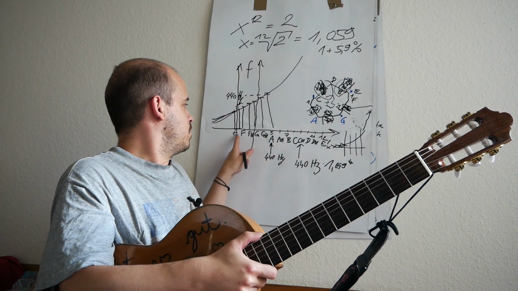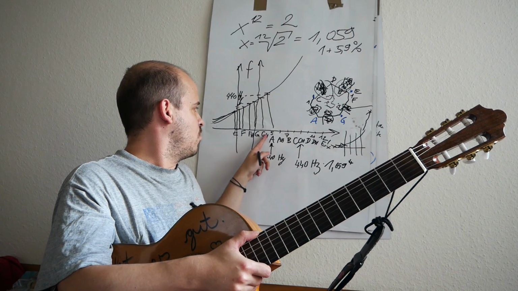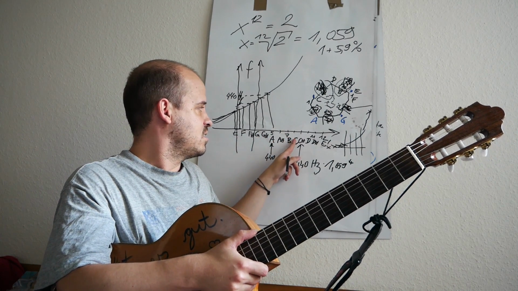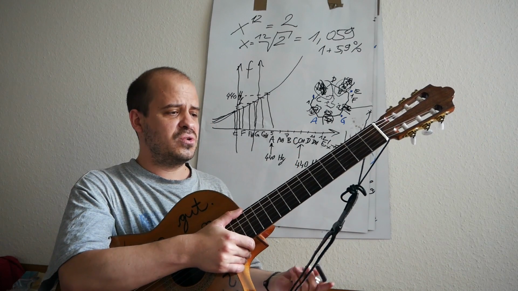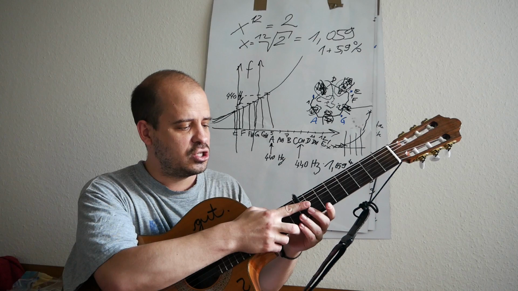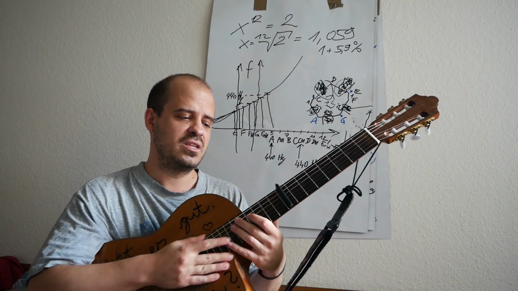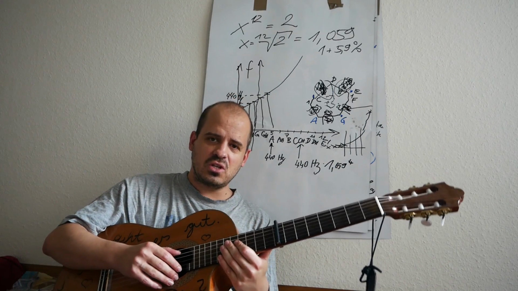Well, from E to C is a long way, but that's like 1, 2, 3, 4, 5, 6, 7, 8 steps. So I have to use this guy and put it to the 8th fret, and now I can use those.